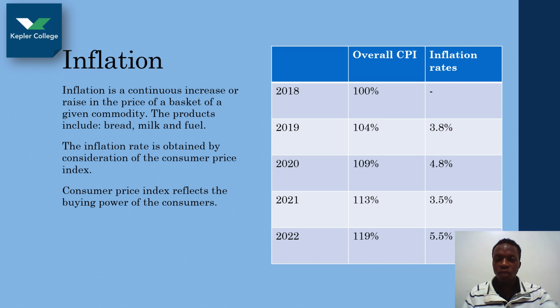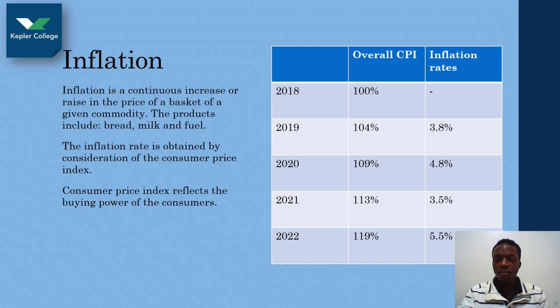In 2020, the inflation rate became 4.8%. It means that the price of a given commodity, in consideration of the basket of different commodities that we listed, like bread, milk, and fuel, has increased, moving higher. That's what this 4.8% means.